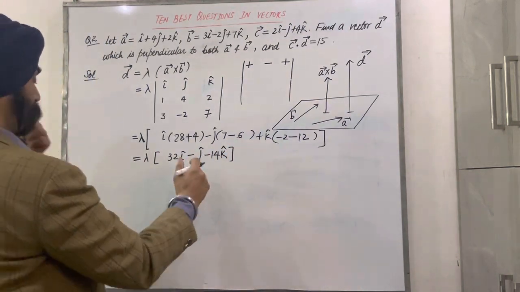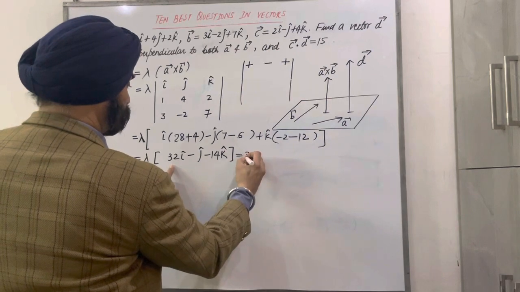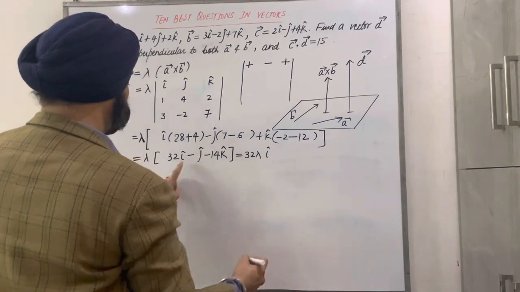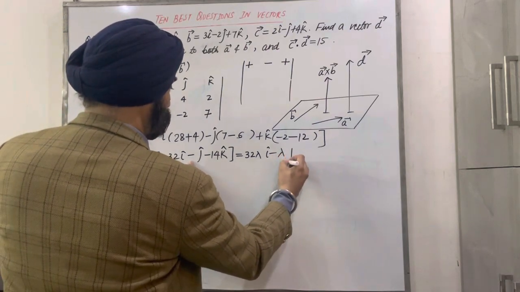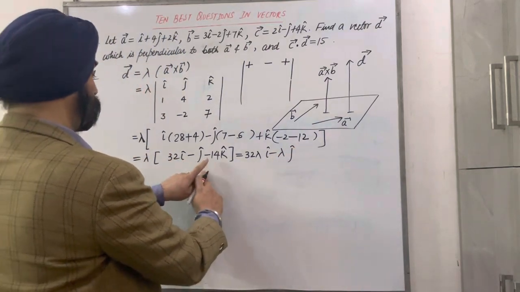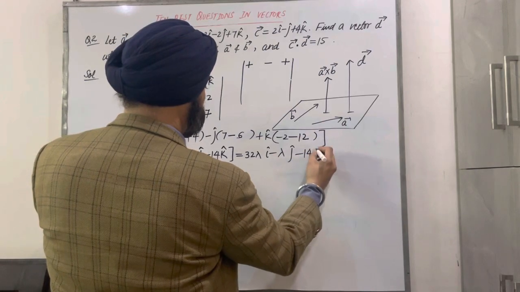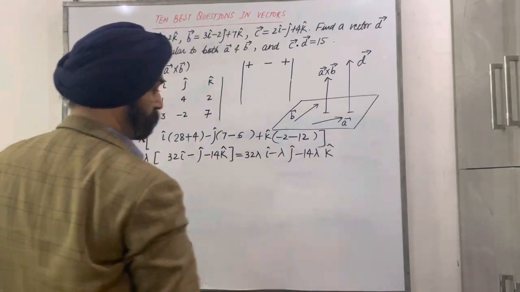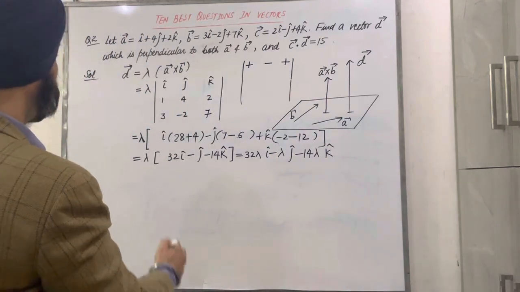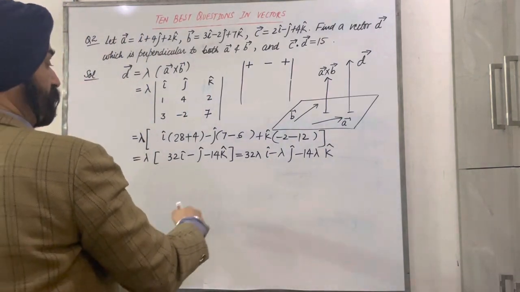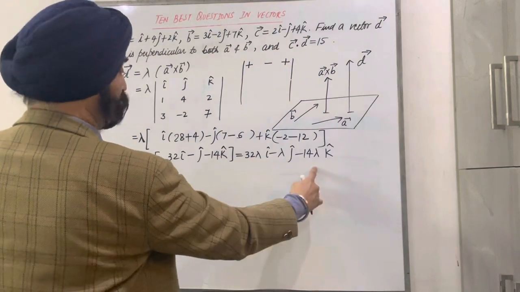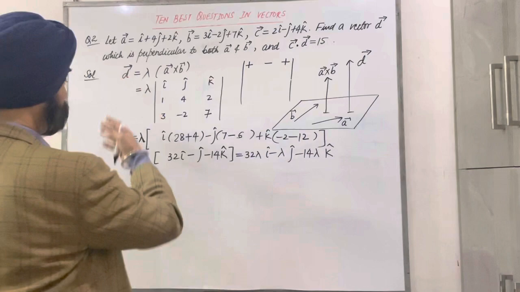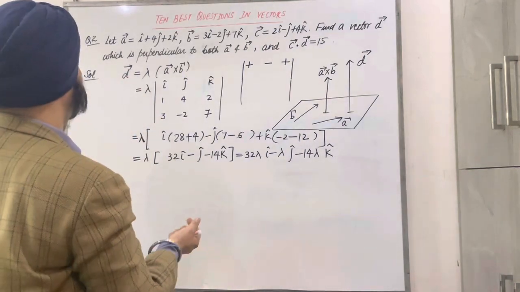Now if I expand it, what we get is 32 lambda i cap minus lambda j cap minus 14 lambda k cap. So we have obtained vector D, but it has an unknown lambda involved in it. Unless we know the value of lambda, this answer is not going to be completed.